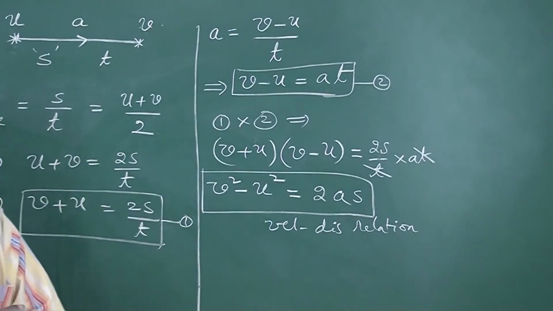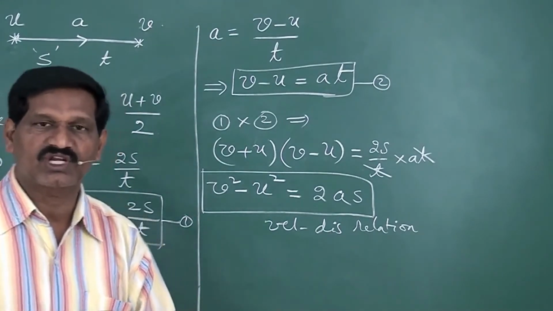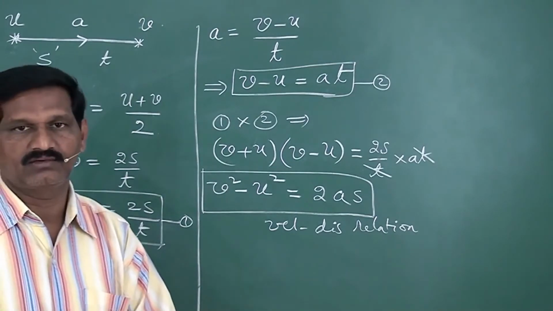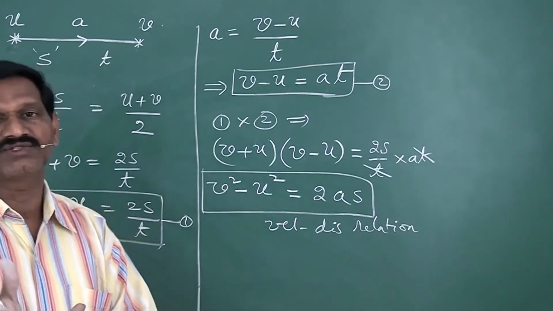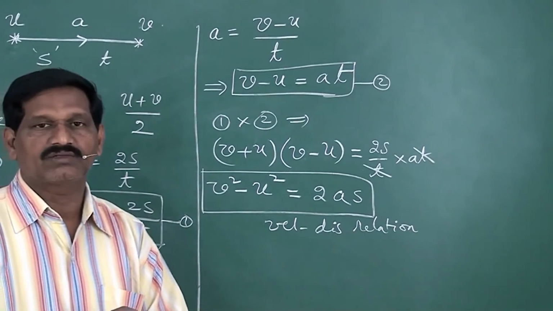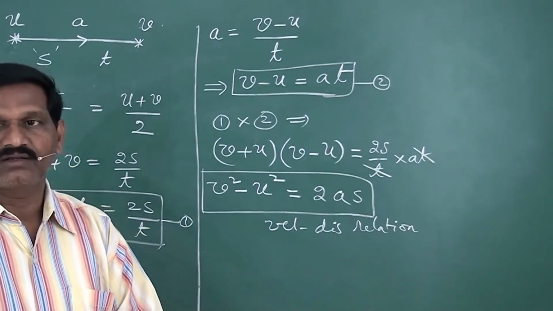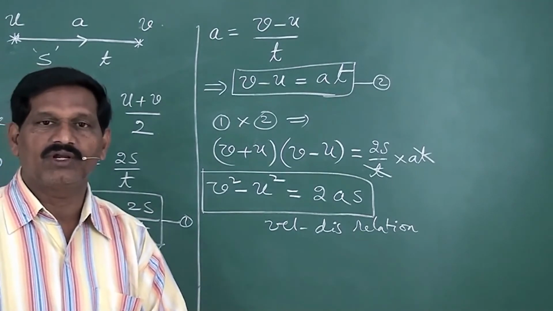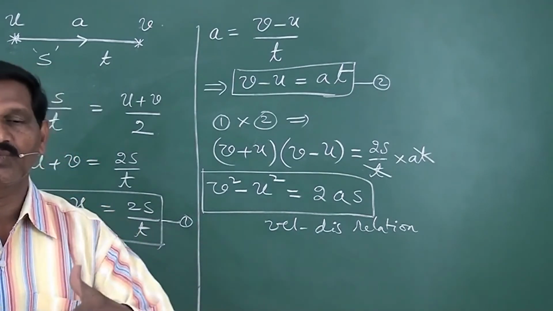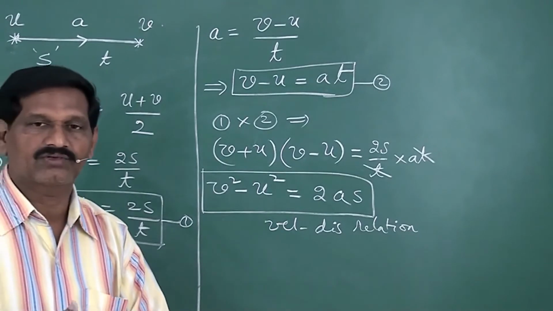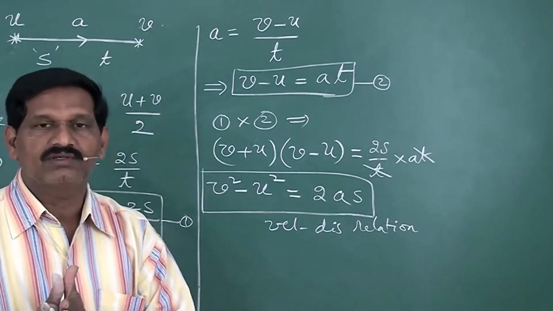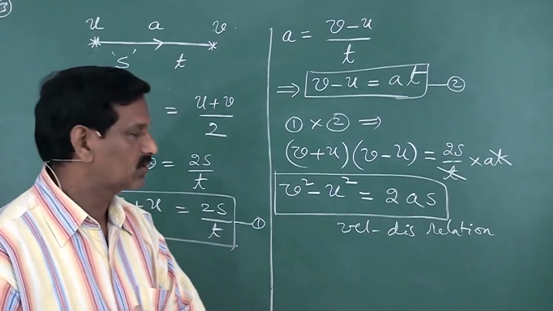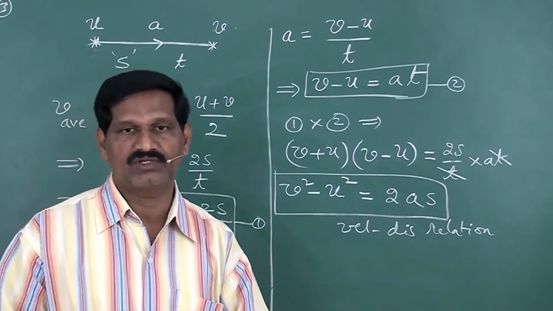Kinematic equations are used to describe the motion of the body in a straight line, because when the body is in a straight line, then you have uniform acceleration. Otherwise, when the body moves like this, then acceleration may change. So, when the body moves along a straight line, we use these kinematic equations.